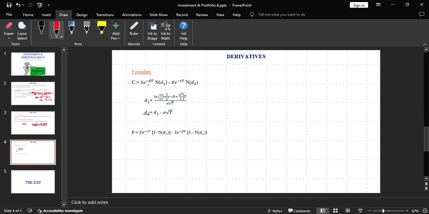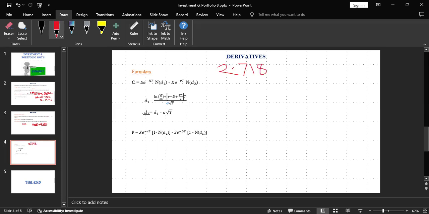Now I want us to understand that S here is the spot price, the market price as at then. If it's a share, they will say share price; if it's any other security, security price. The e here is the Euler number, which is 2.718.